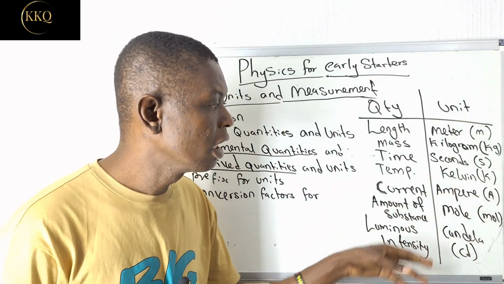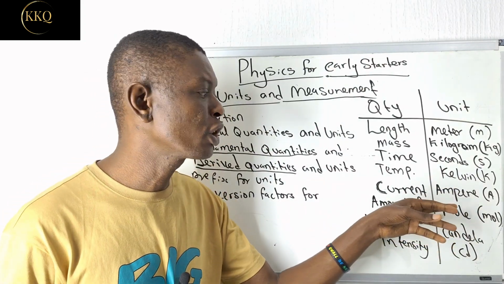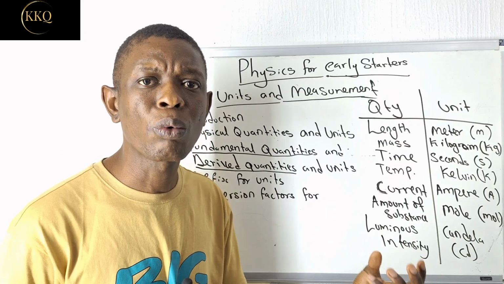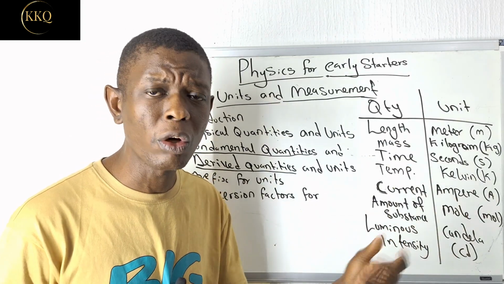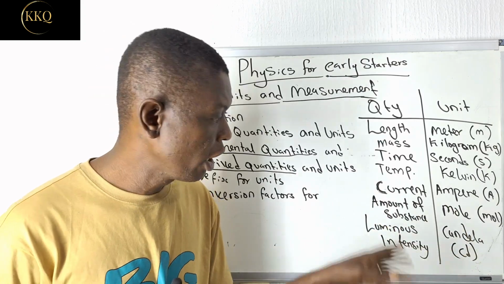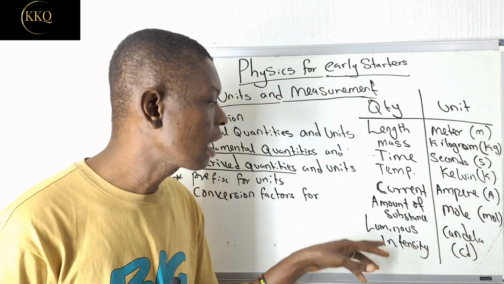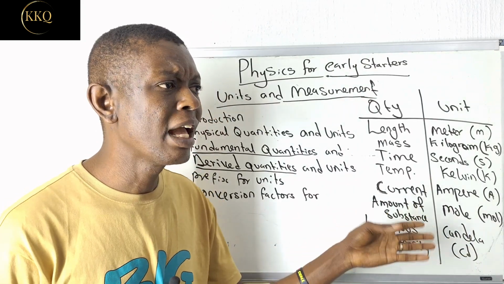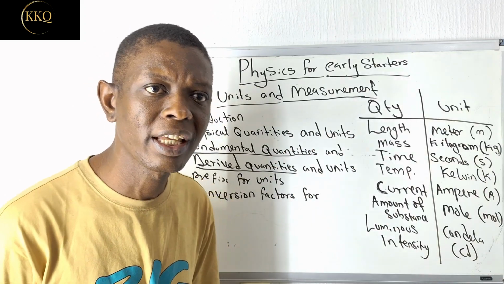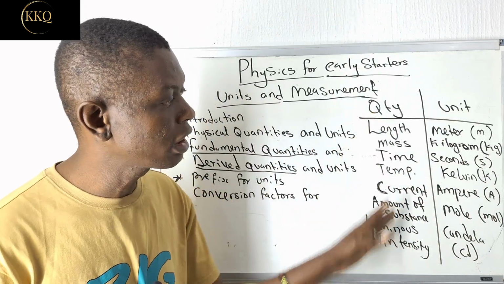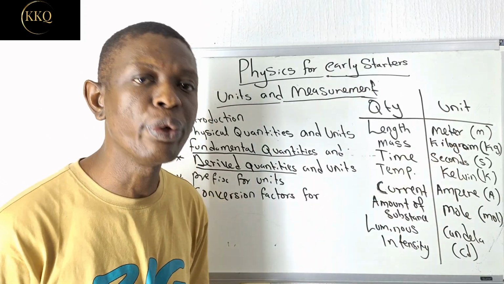Amount of substance is normally used in measuring elementary quantities such as atoms, moles, molecules. It is normally used in chemistry. Then luminous intensity measures the quantity of brightness of light in a specific direction. So these are all these quantities, and these are their units.